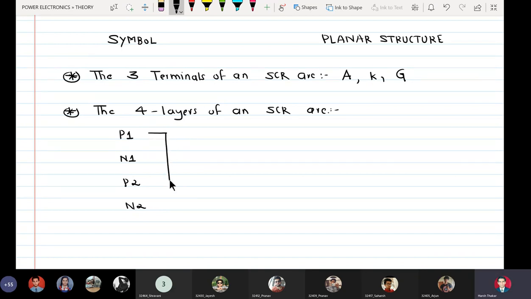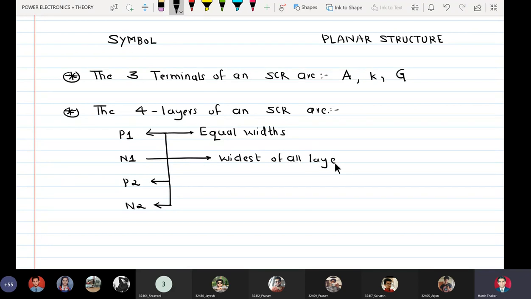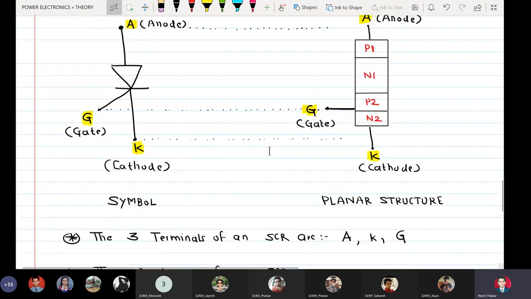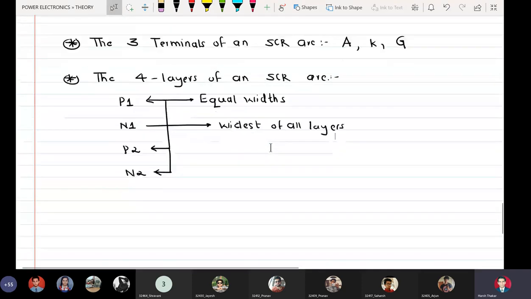P1, P2 and N2 have equal widths, while N1 is the widest of all layers.